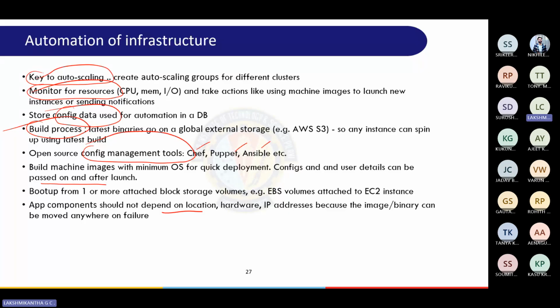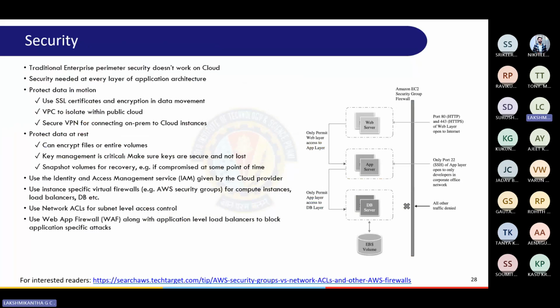The final best practice we must cover, the most important one, is security. In the last slide, I'm talking about security here. Security on the cloud is fundamentally different. A very important point: traditional enterprise perimeter security does not work on the cloud.